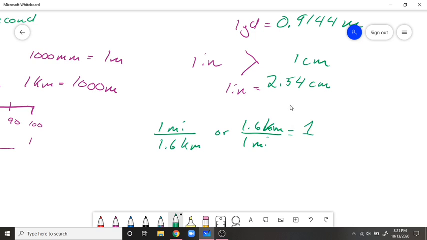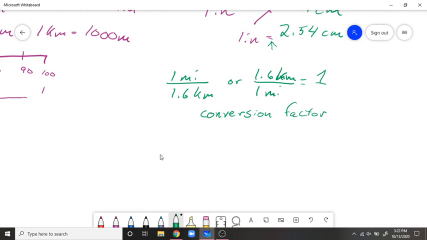When you have two different values that are equivalent, and I know they're equivalent because I have an equal sign, I can write it in the form of a fraction with one over the other and use it as my conversion factor. And I can find out that my 5-kilometer race is actually equal to X miles.